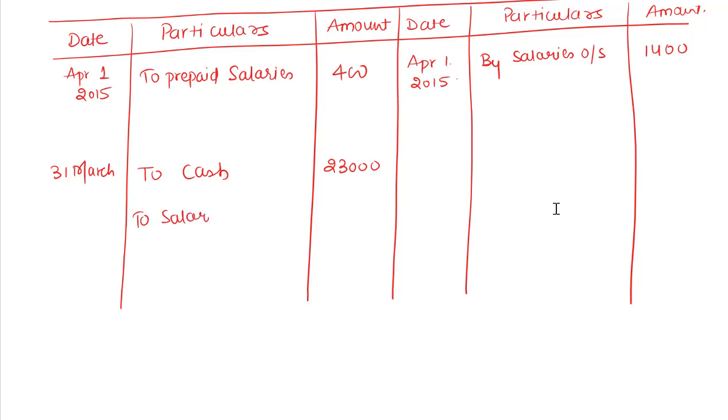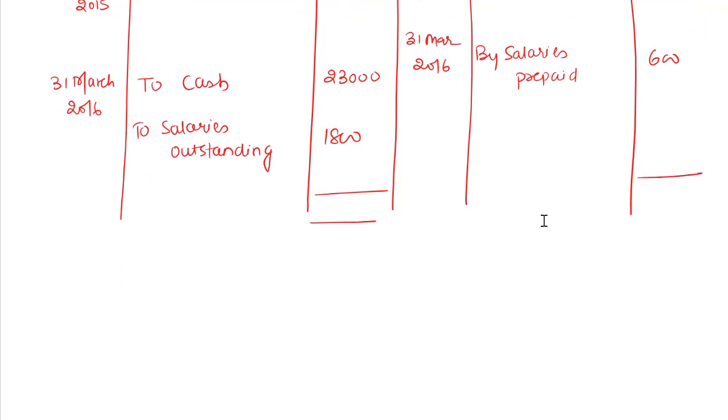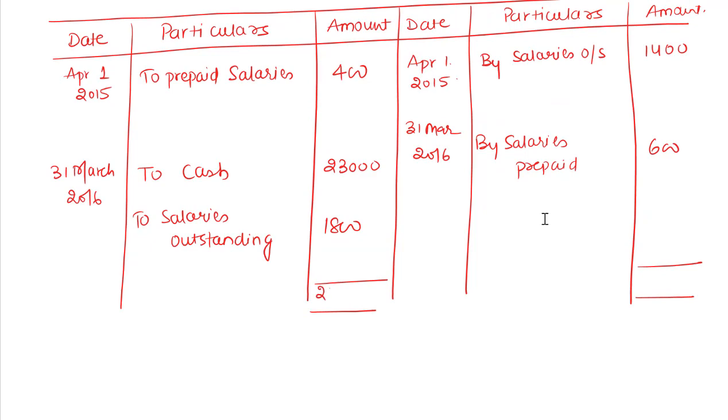To salaries outstanding, 1800, and by salaries prepaid, on 31st March 2016, 600. 25,200 minus 1400 minus 600, 23,200 would be transferred to income and expenditure account.